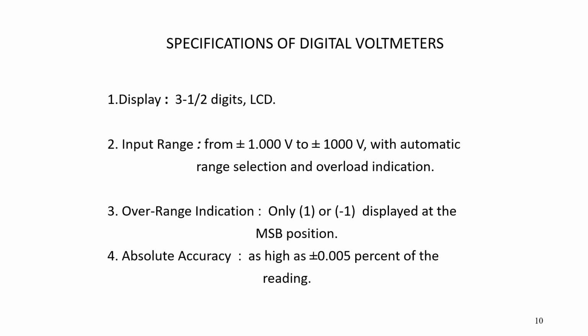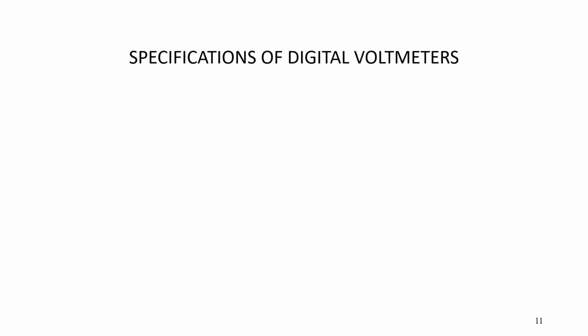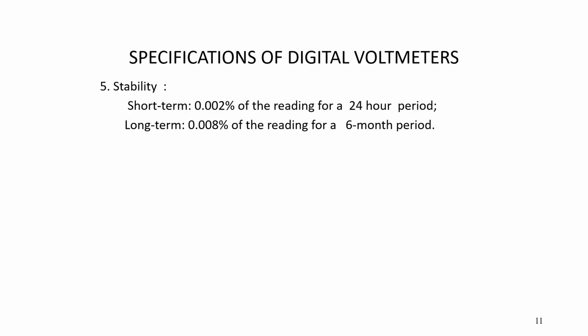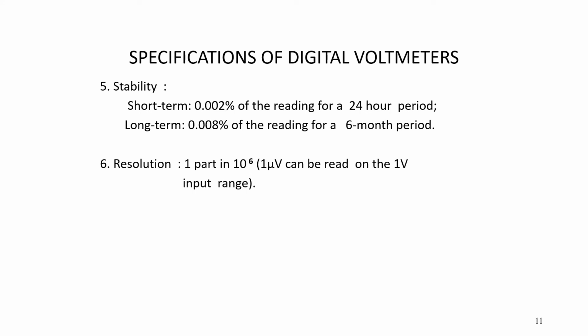Next is the absolute accuracy. It is as high as 0.005% of the reading. Stability: the short-term stability is 0.002% of the reading for a 24-hour period, and the long-term stability is 0.008% of the reading for a 6-month period.